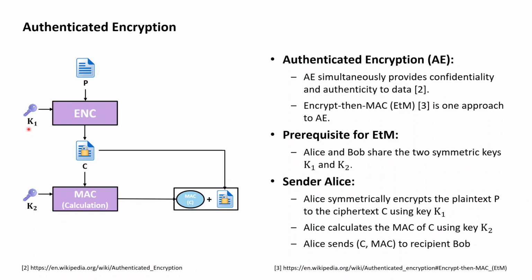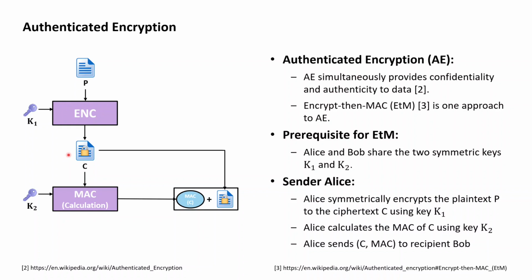Alice, as the sender of a plaintext, then in a first step takes the symmetric key K1 that she agreed on with Bob to use for the encryption, and with this symmetric key K1, Alice then encrypts the plaintext into a ciphertext by making use of a symmetric encryption cipher such as AES.